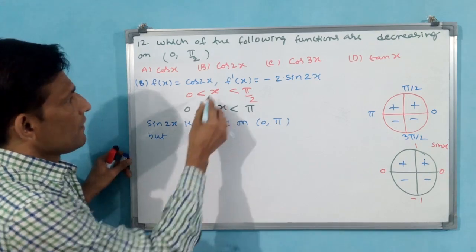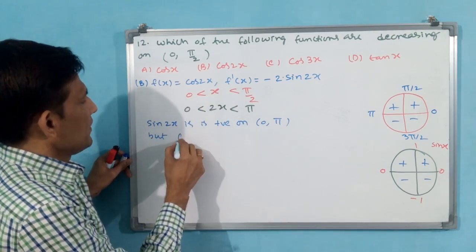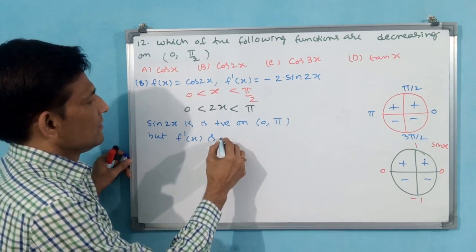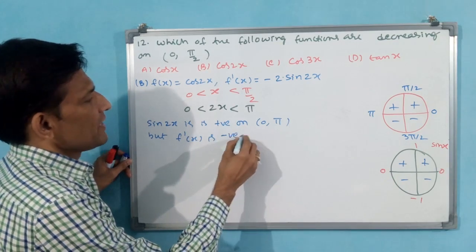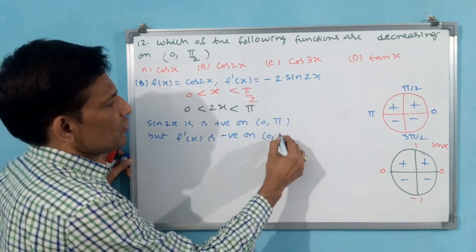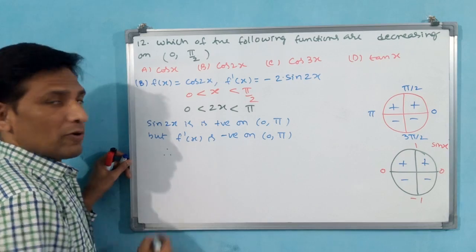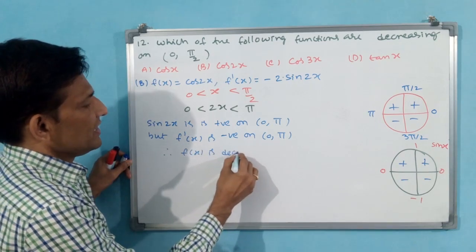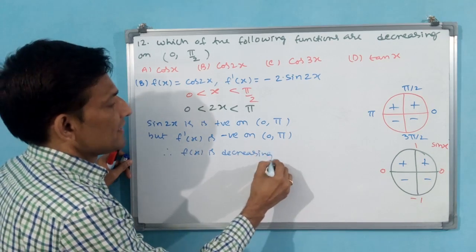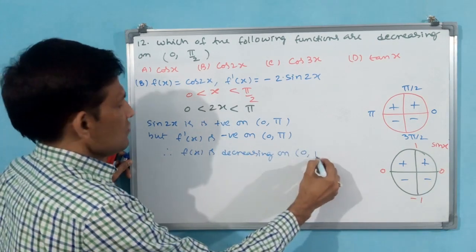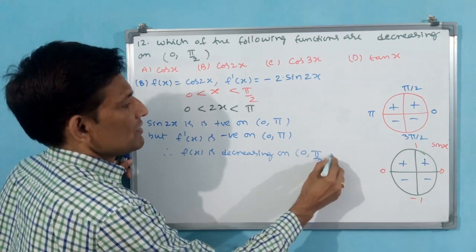But f dash x is negative. Why? Because the negative symbol is there on 0 to pi. Therefore, f of x is decreasing on 0 to pi by 2.